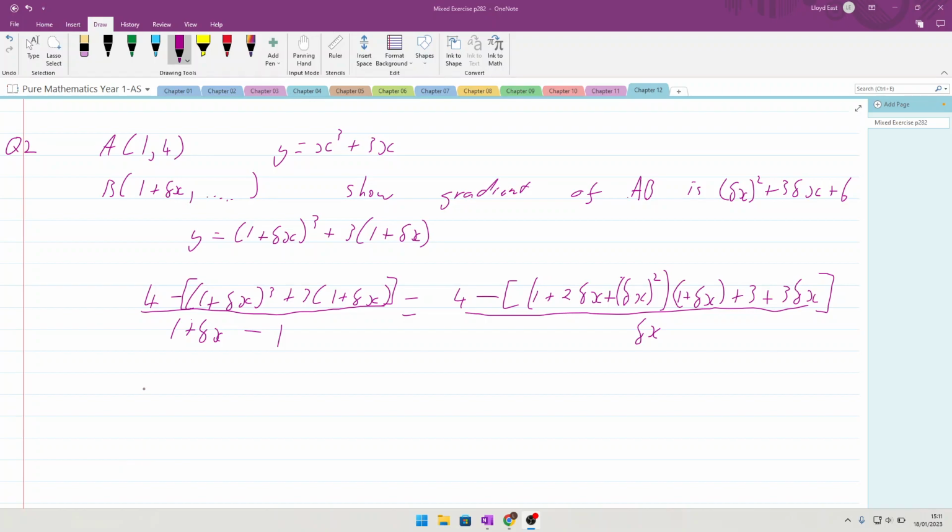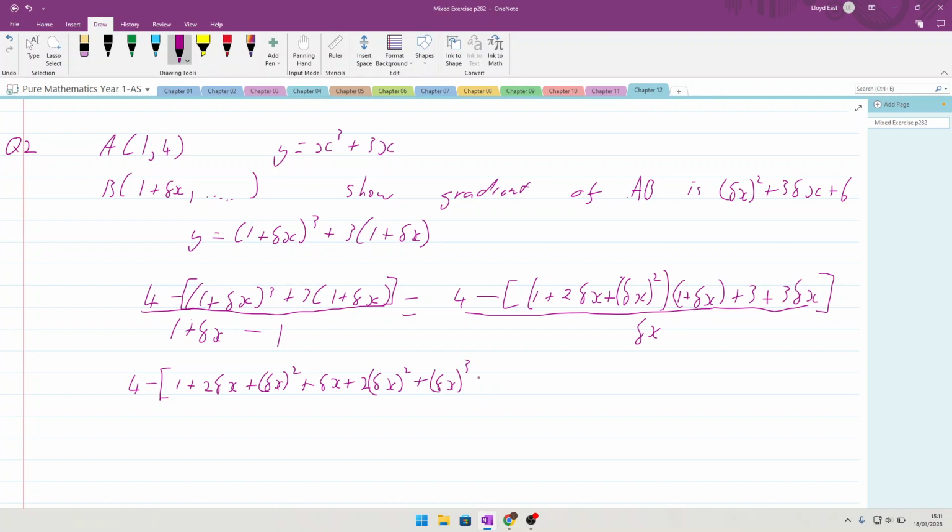So we end up with 1, we've still got the 4 minus, okay, and then we're going to end up with 1 plus 2 delta x plus delta x squared, plus, okay, multiplying it all by delta x, so delta x plus 2 delta x squared plus delta x cubed.